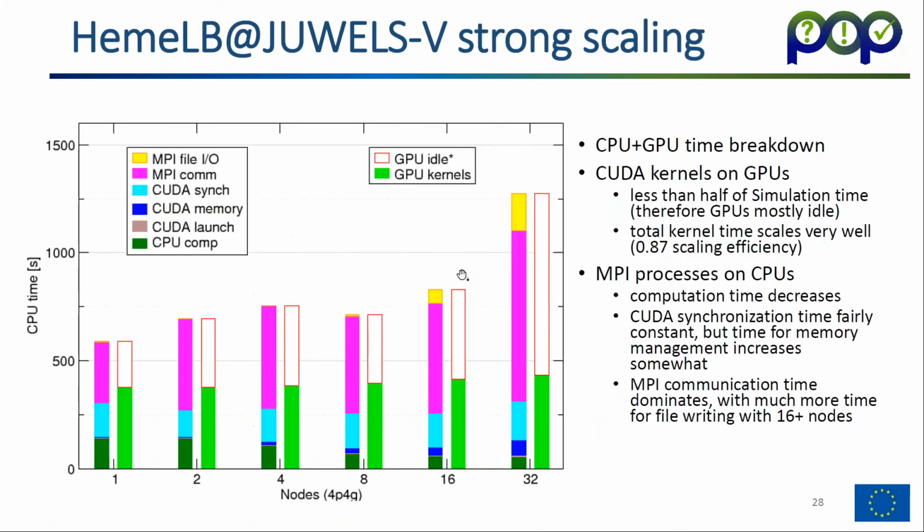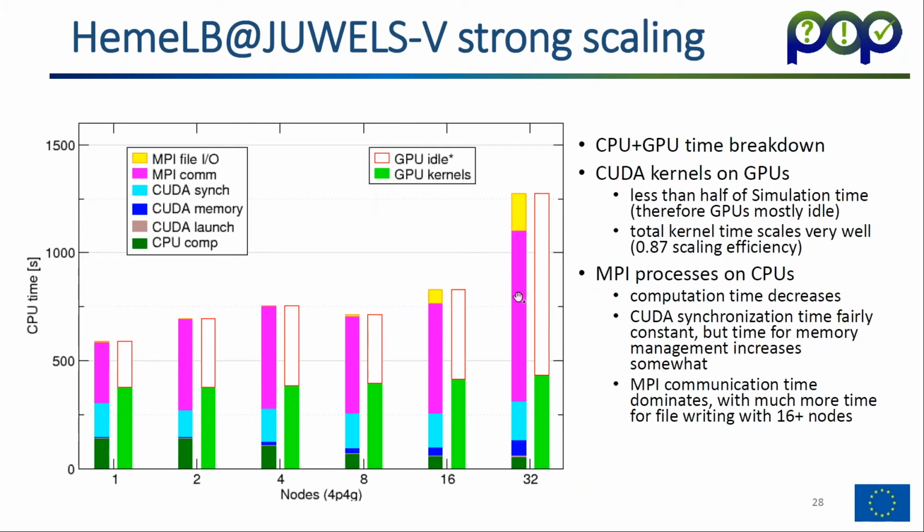Okay, so breaking down what's happening on CPUs and GPUs, this is again looking at scaling from 1 node to 32 nodes. The two charts here are showing what's happening on the left-hand side on the CPU, and on the right-hand side on the GPU. The computation on the GPU is pretty balanced and stays constant as we would expect. What's changing is the idle time on the GPU, and the GPU is having to idle because of what's happening on the CPU.